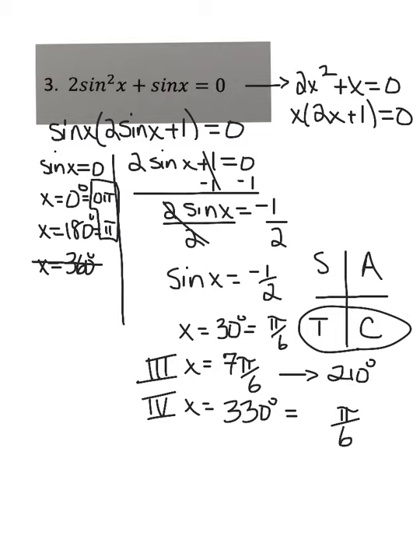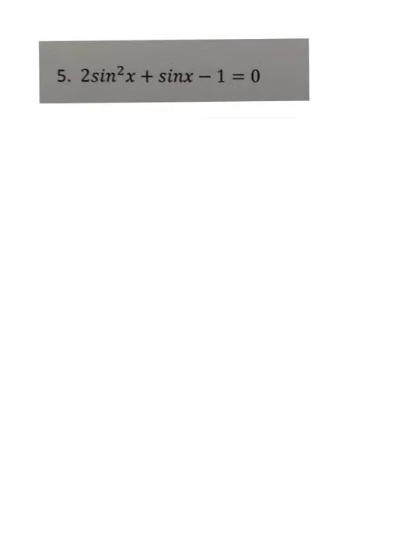And then just ask yourself, I have 30, what do I multiply that by to get to 330? 30 times what gives me 330? And that is 11, so we multiply this by 11. So I have 11 pi over 6, and I've got 7 pi over 6. So you have 4 answers here. So you've got 0 pi, and then we also have 7 pi over 6 and 11 pi over 6.